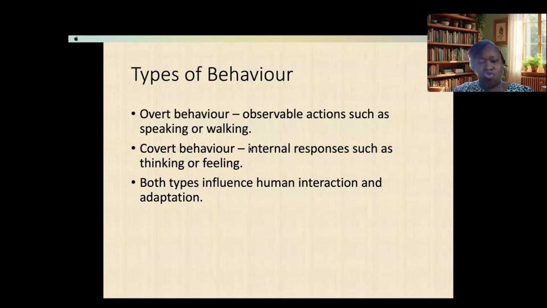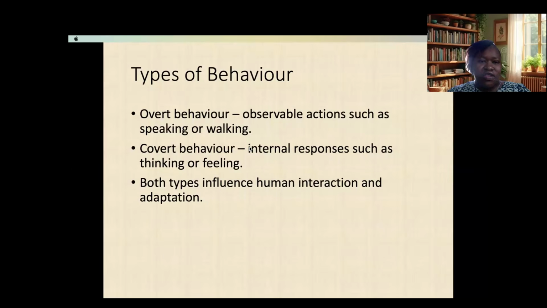So both types influence our interaction and our adaptation. If someone broke your heart yesterday, you might not be able to be part of this class this morning, not because you are not strong, but because there is an influence of that thing on your interaction. It might even affect your adaptation. Let's say you just enter a class and a man looks at you like, oh, Miss Kenny, you look so good today. You look so gorgeous. Can I take you out on a date?